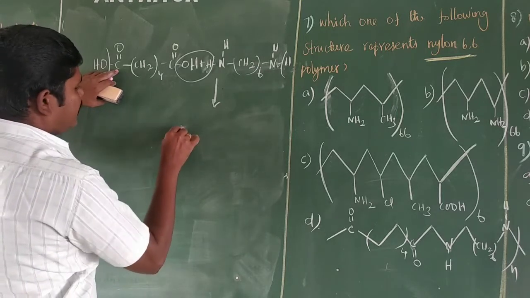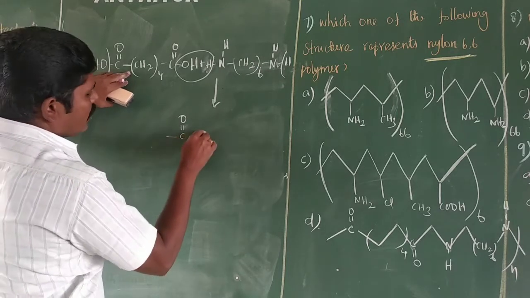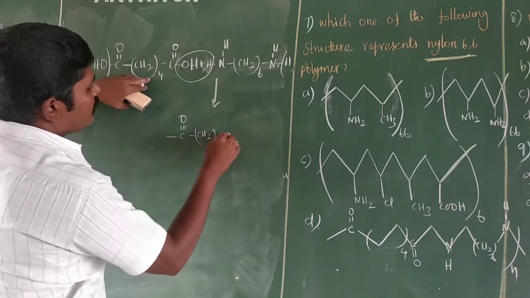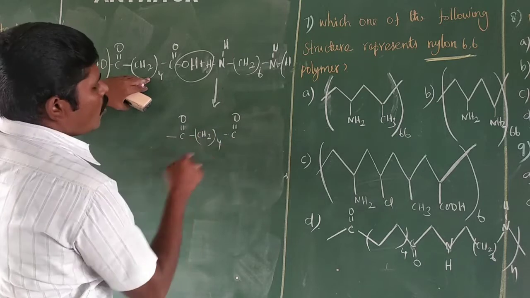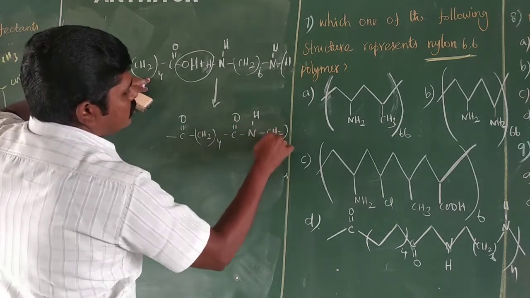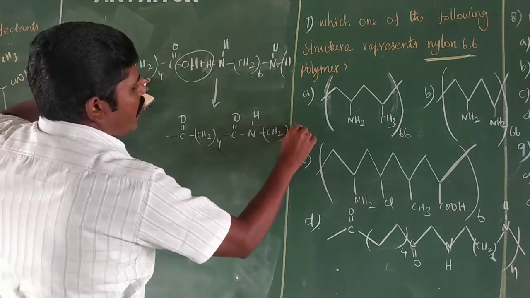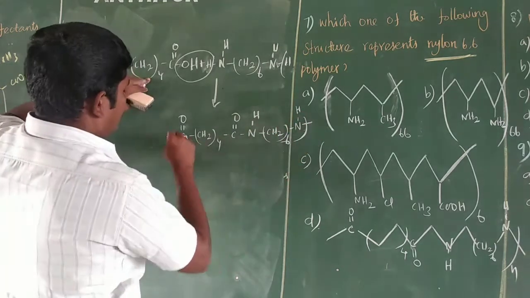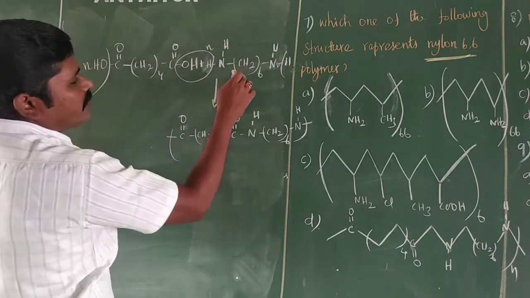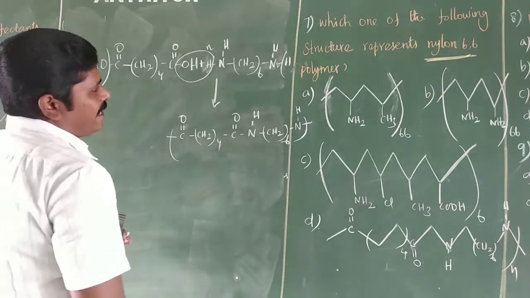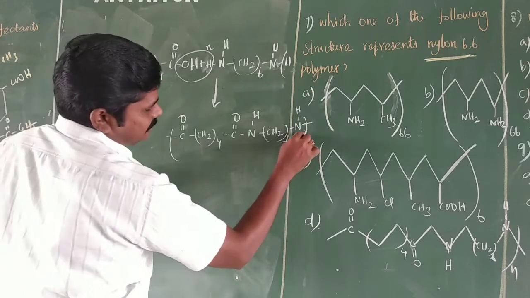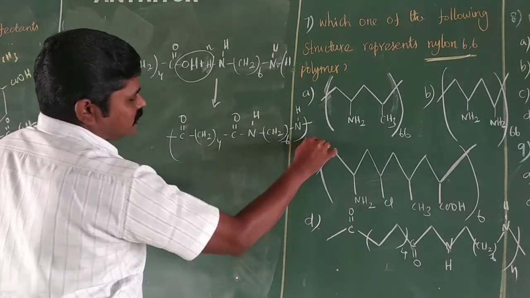So bond C double bond O, bond CH2 4 times, bond C double bond O, bond NH, bond CH2 6 times, bond NH, n times. So n mole of adipic acid and n mole of hexamethylene diamine mixed together give nylon 6,6, n times.